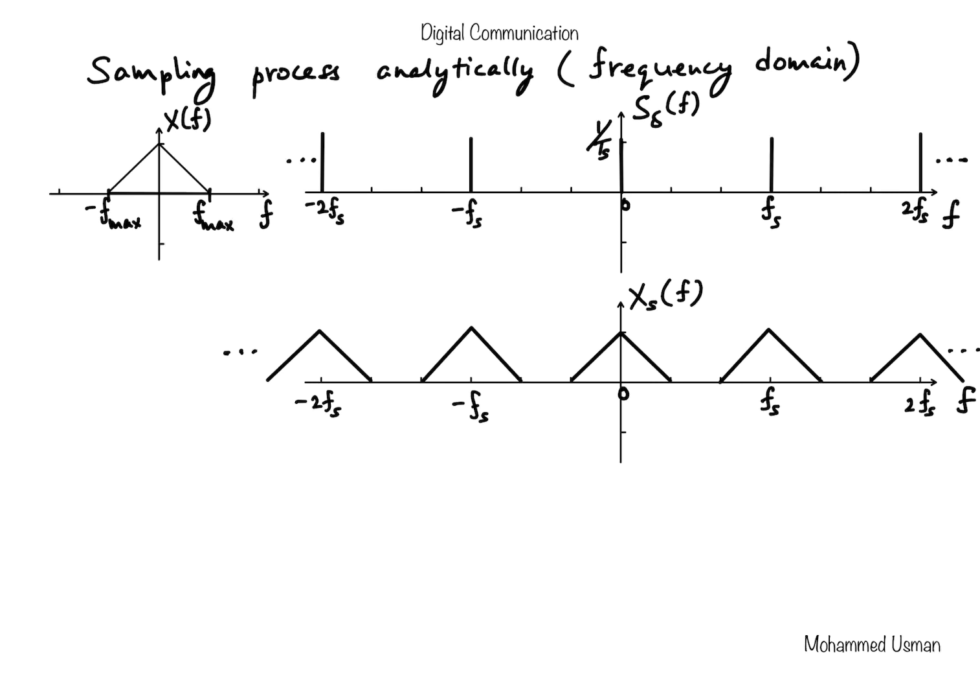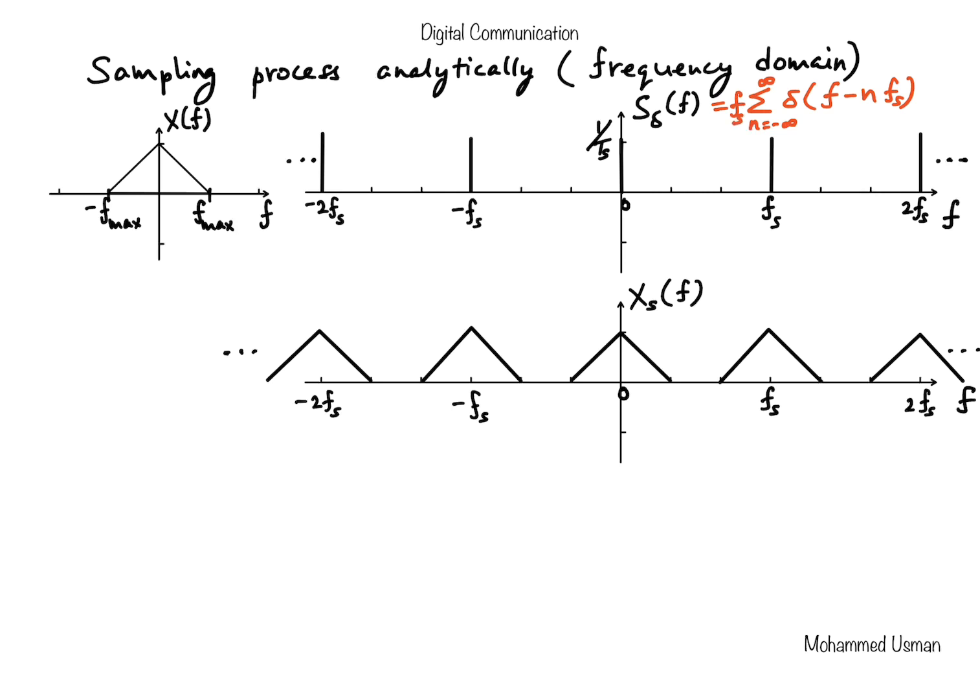So S delta of f, I'll just write it here, is equal to summation of delta of f minus n fs, for n equals minus infinity to infinity. But now when we take this spectrum, it has a scaling factor of 1 by Ts, or simply fs.